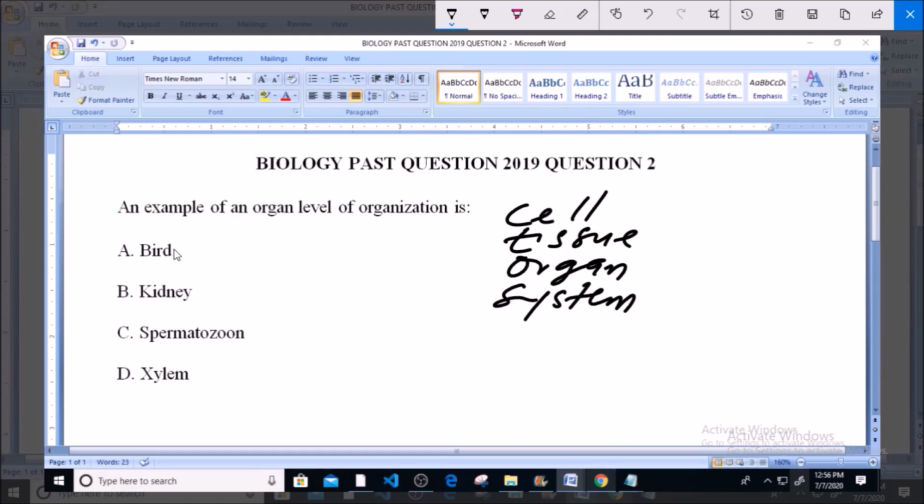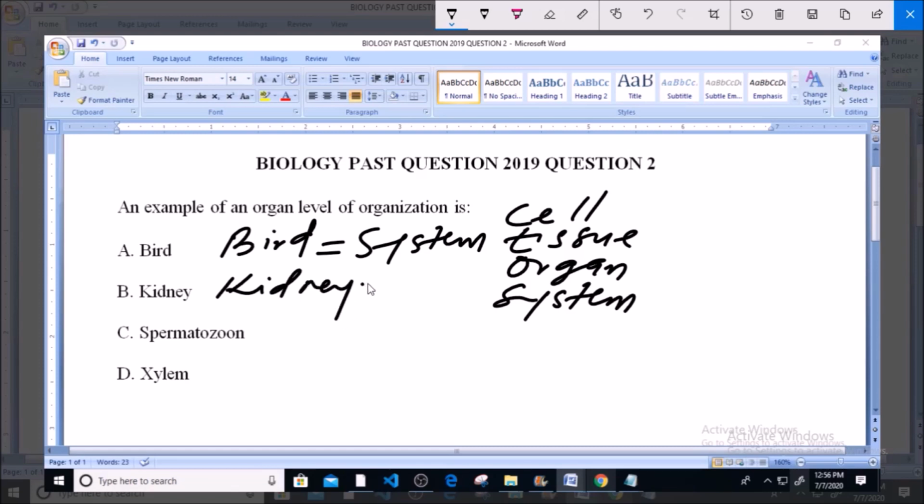Now, when we consider the given options, a bird has organs like the eyes and the leg, making it a system. The bird is an animal system. The kidney has tissues like the blood and other tissues, making it an organ.